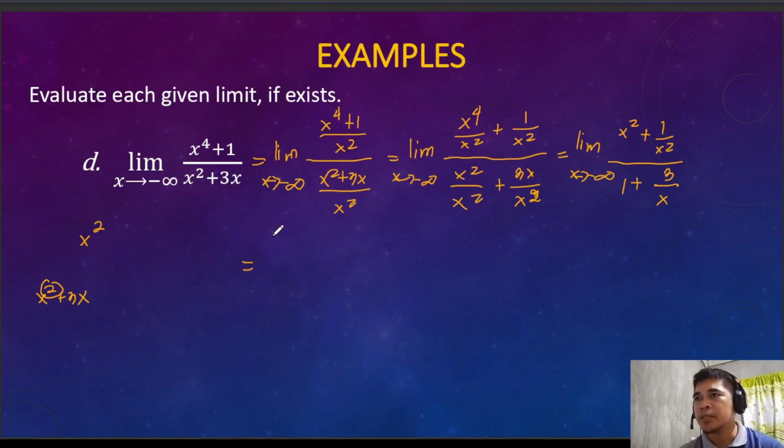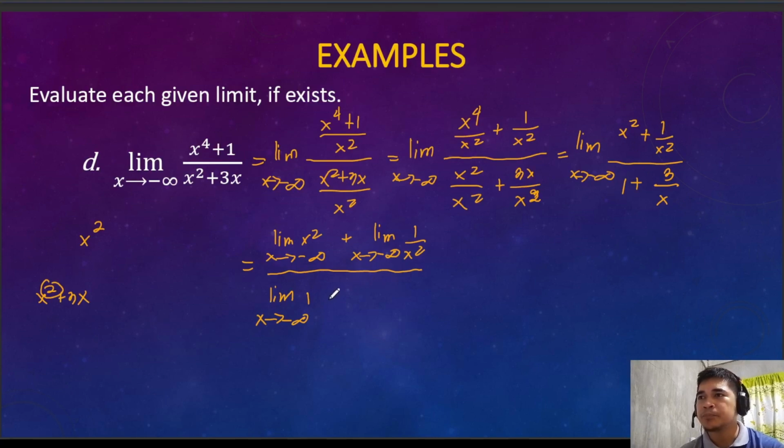So we have the limit of x squared as x approaches negative infinity, plus the limit of 1 over x squared as x approaches negative infinity, over the limit of 1 as x approaches negative infinity, plus the limit of 3 over x as x approaches negative infinity.